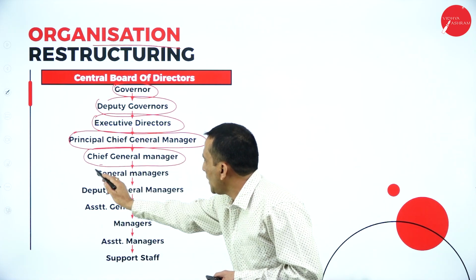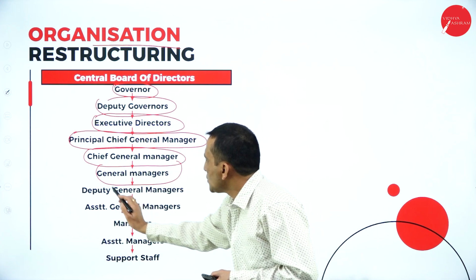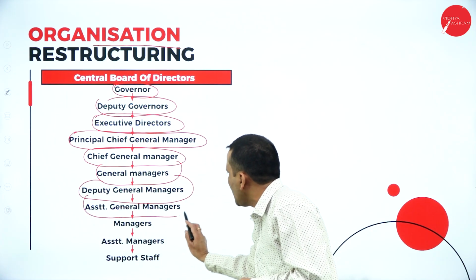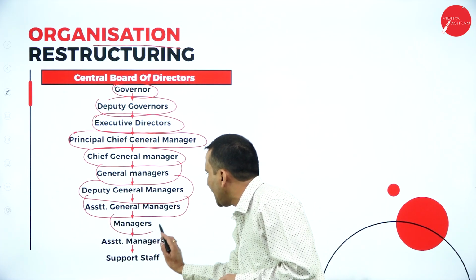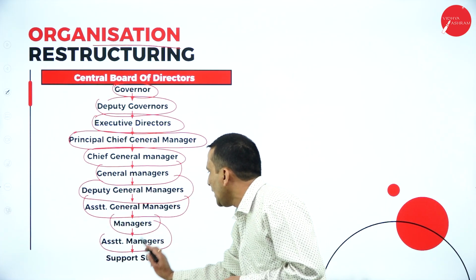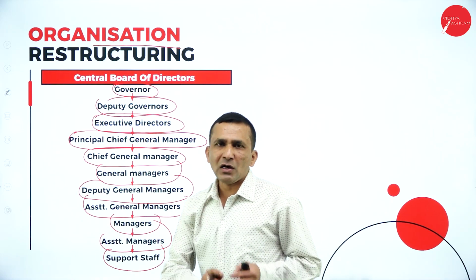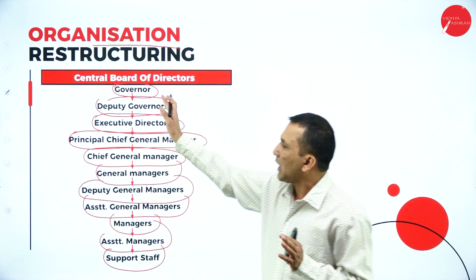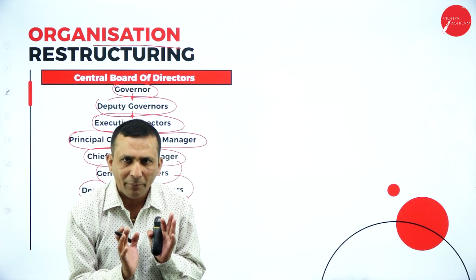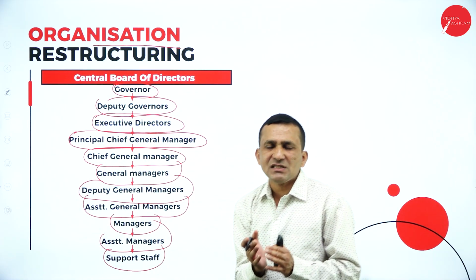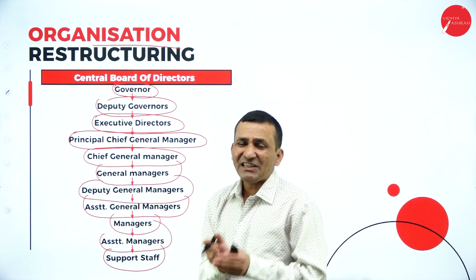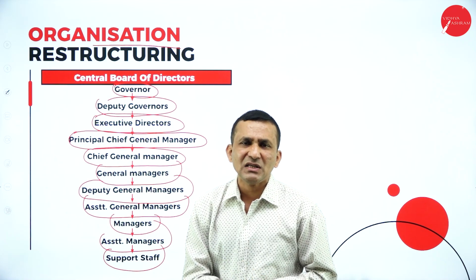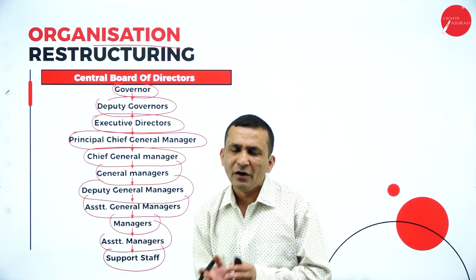Under the chief general manager you can find the deputy general manager, then assistant general manager, manager, assistant manager and supportive staff, because it is a team which does not operate with the help of a governor only. There are too many persons involved to reach the predetermined goal, and the RBI is completely working based on the Indian banking system.